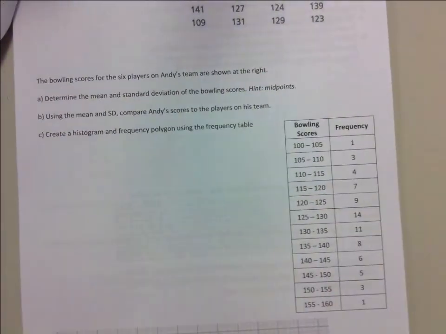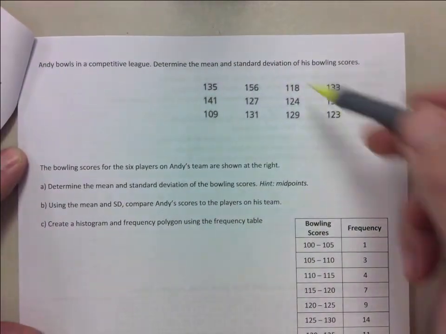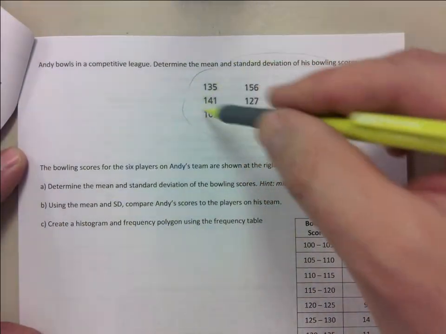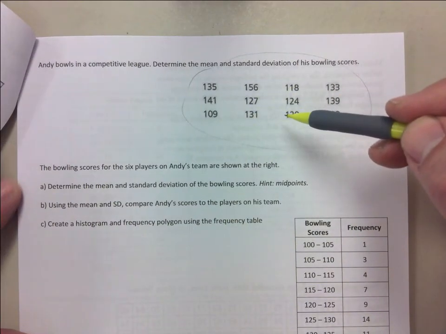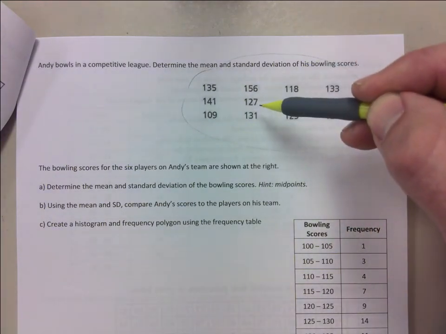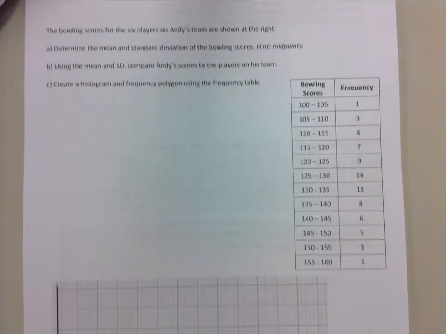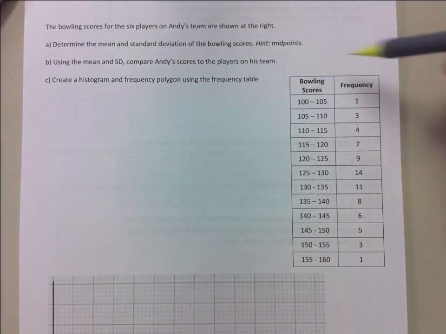Let's go to page 20. There's 2 bowling leagues. There's the bowling scores for this league, mean, standard deviation. All this goes into L1. Voila, you got your mean and standard deviation. However, this one right here, what does this look like?